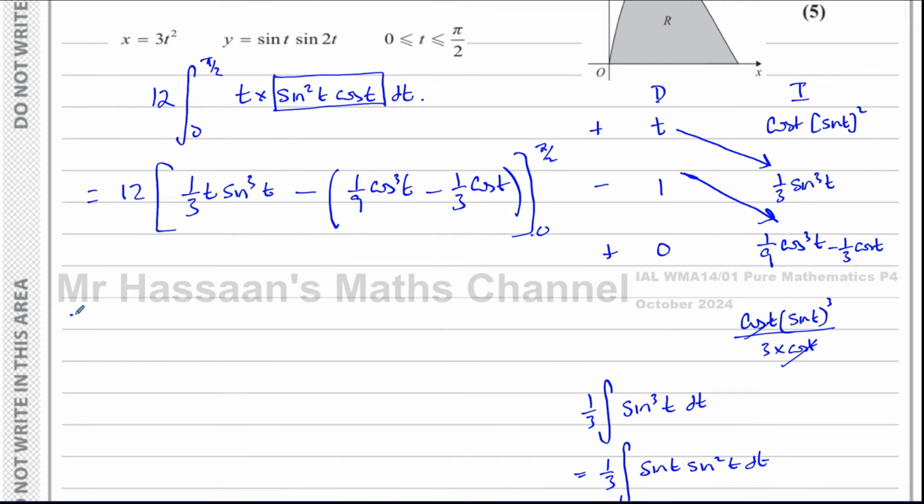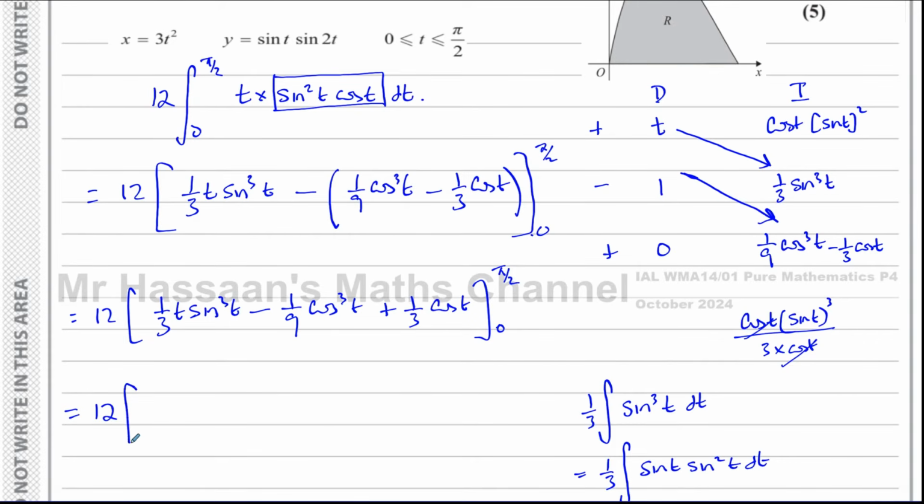Okay, so you have 12 times a third times t times sine cubed t minus 1 over 9 cosine cubed t plus 1 over 3 cosine t, and the limits between pi over 2 and 0. So now we can put the values in.